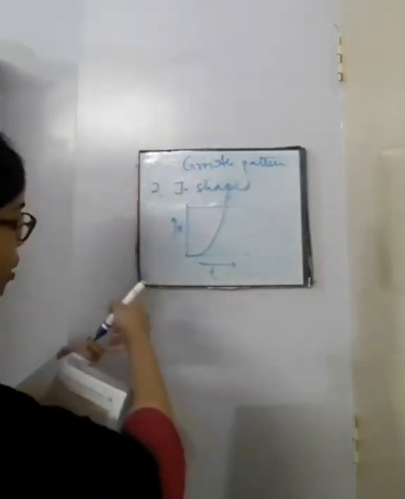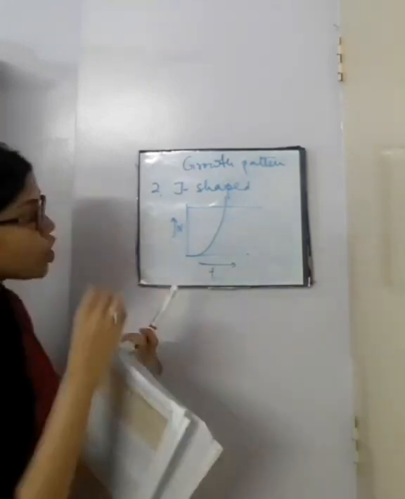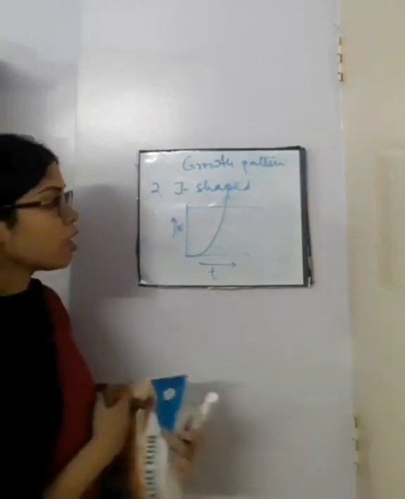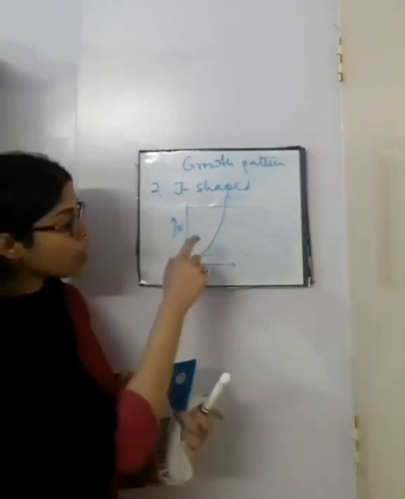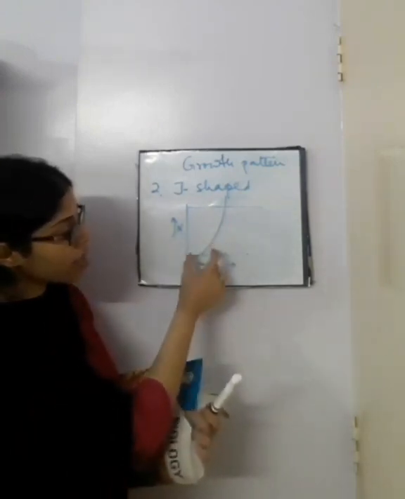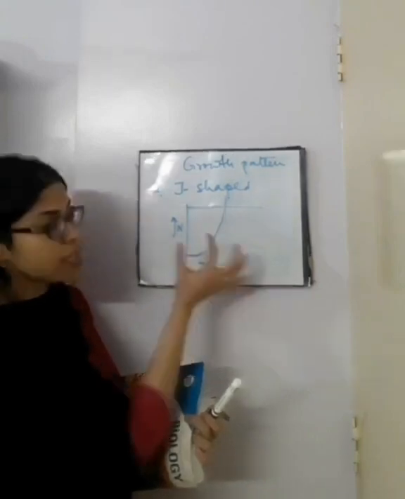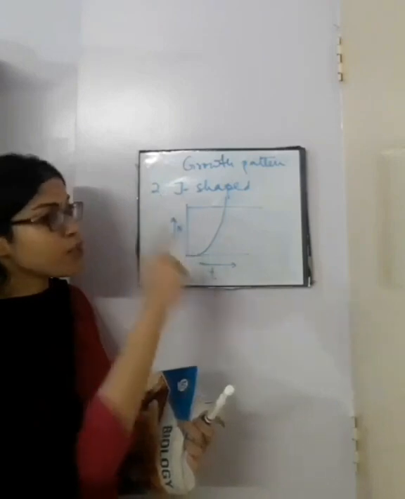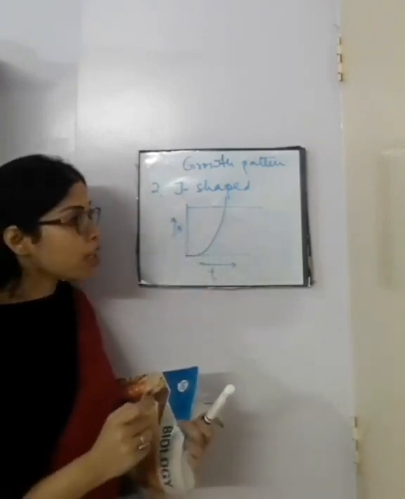It looks like a J, which is why it is called the J-shaped curve. Here there are only two phases of this curve. The initial part is the lag phase, and next there is the exponential phase. This curve is also known as the exponential curve.